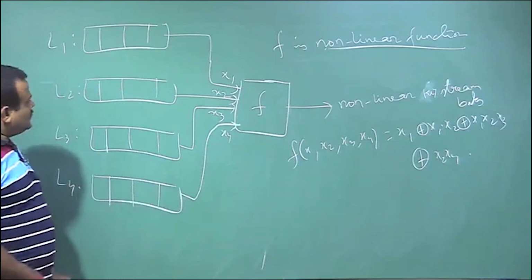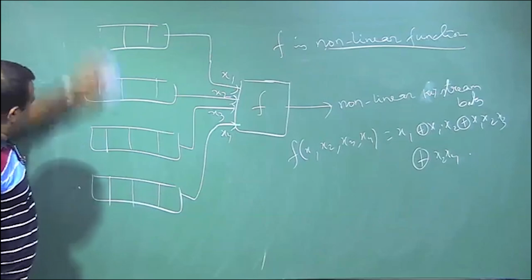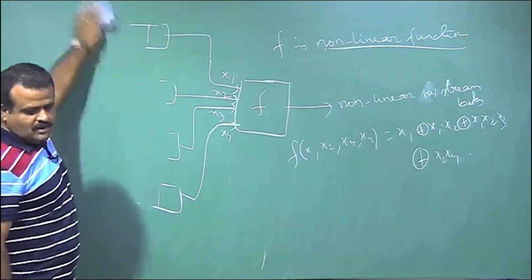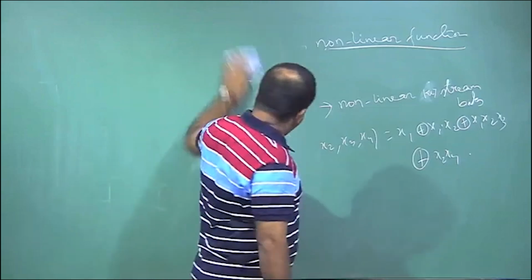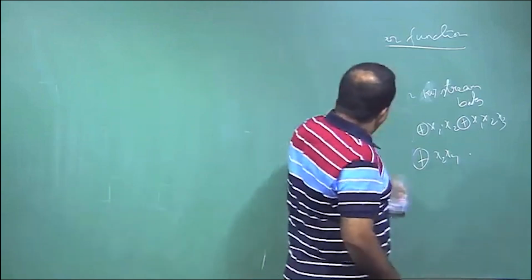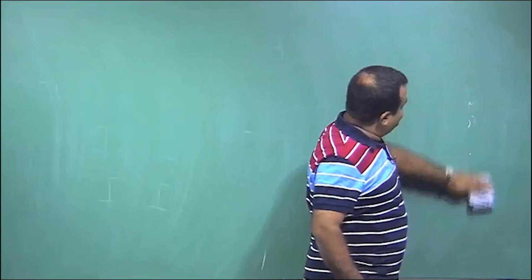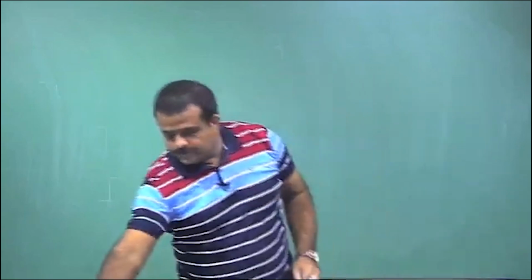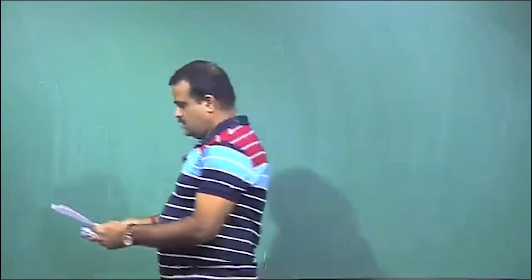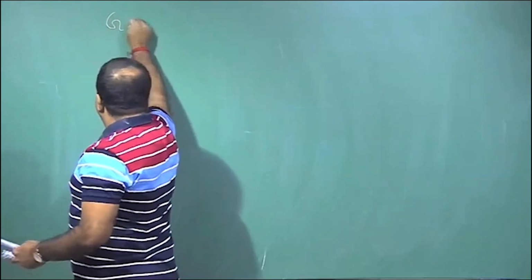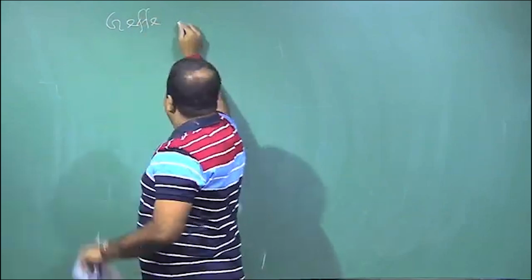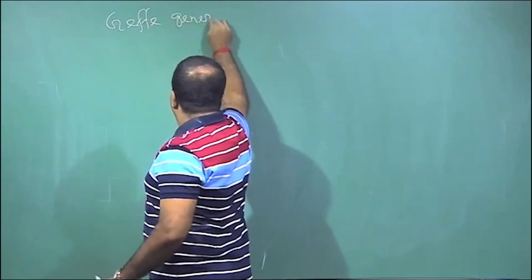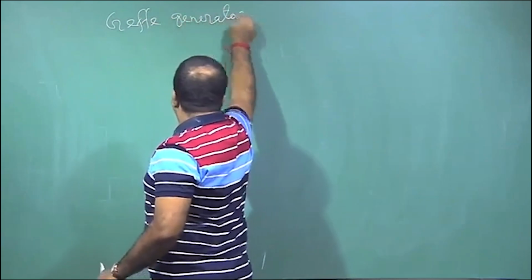So, we can take an example of such an LFSR-based generator, which is the Geffe generator. It is based on 3 LFSRs. This is one example of a non-linear key stream generator based on LFSRs.